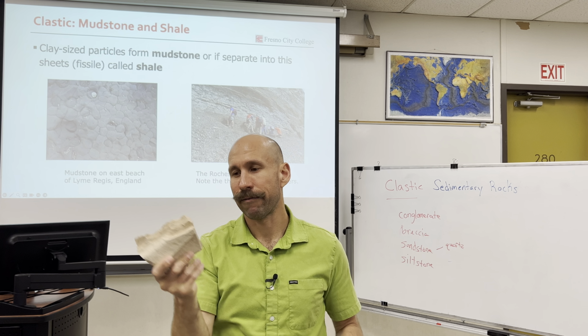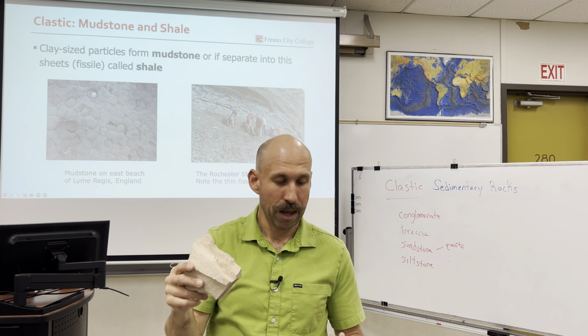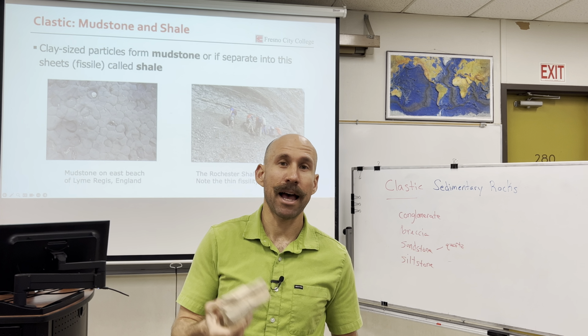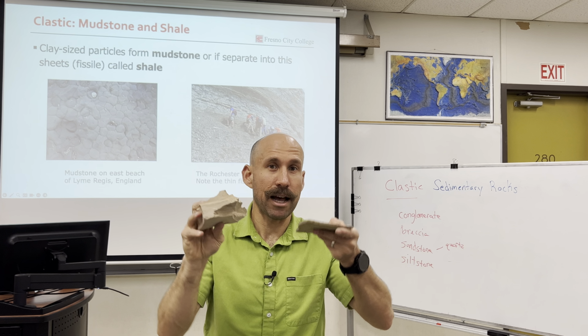I've also heard this called claystone. And a unique property: when mudstone aligns and has a rock cleavage that breaks into thin sheets, we call this rock shale. Finest grain size, made of clay-sized sediment: no cleavage, mudstone; with cleavage, shale, but same grain size.